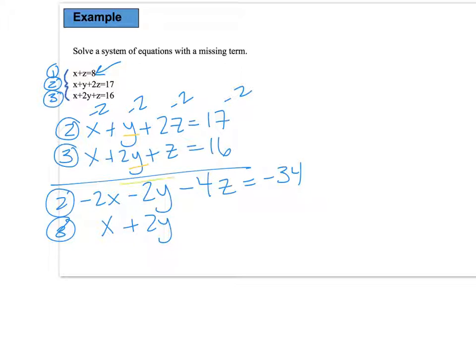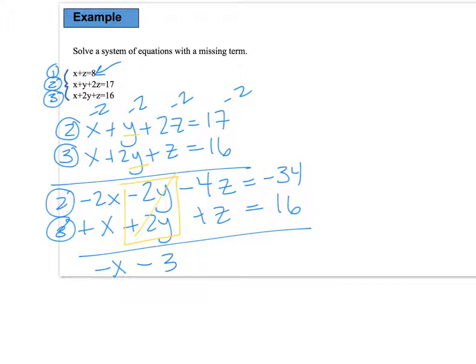That's going to eliminate my y's, which is great, plus z equals 16. And I am going to add these two together. So negative 2x plus x is going to give me negative x. My y's cancel out, and then I have negative 4z plus z will be negative 3z, and negative 34 plus 16 is going to give me negative 18. This is going to be my new equation 4.